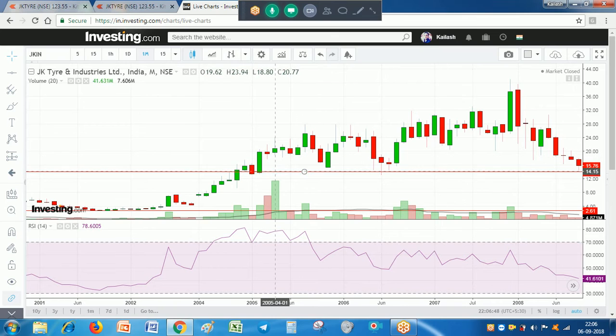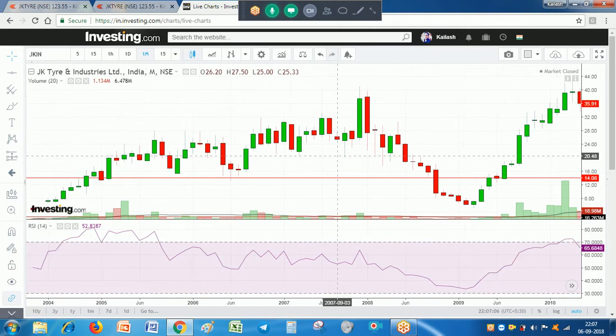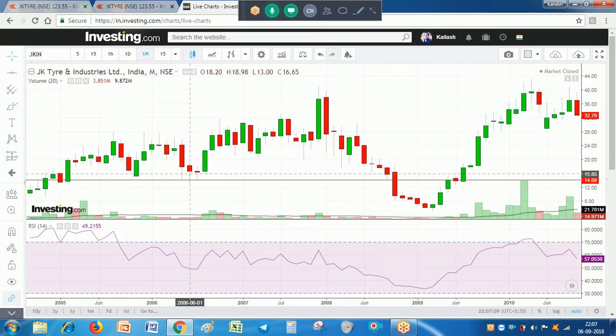So friends, once a level was resistance, if that level is broken, that level becomes support, and if a support level is broken, that level acts as resistance for the stock. So this thing happens, the things happen like this. So just try to understand how the stock has moved. I will explain everything briefly.